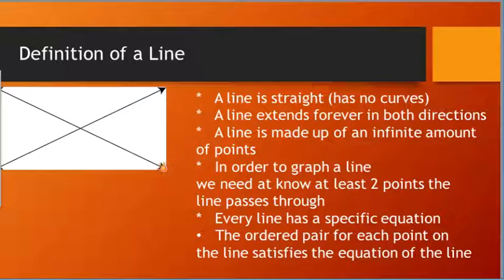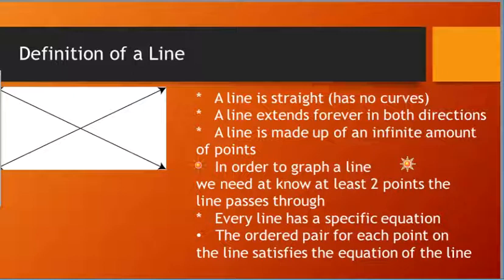So you can see these arrows here, this arrow and this arrow, and this arrow and this arrow. That means that these lines extend infinitely, which means that a line is made up of an infinite amount of points. If the line goes on forever and ever, that means that the number of points that we could plot on the line goes on forever also.